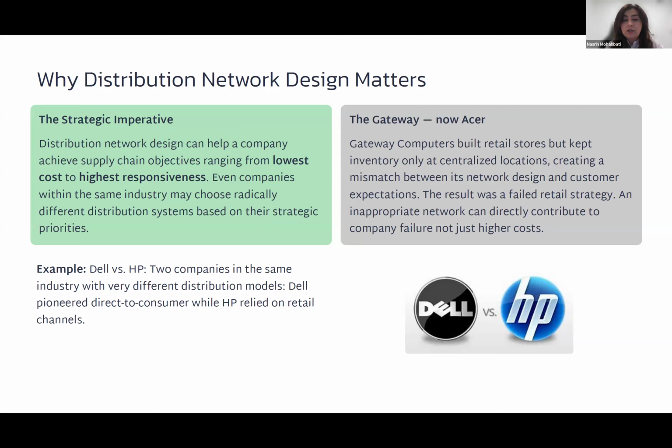HP decided to go with retail stores, so they offered computers in different kinds of retail stores, so people could go there, see computers and purchase them. Each of these companies had a particular distribution network. When a customer places an order, how the order will be processed and shipped to the customer is decided based on the business's distribution network.